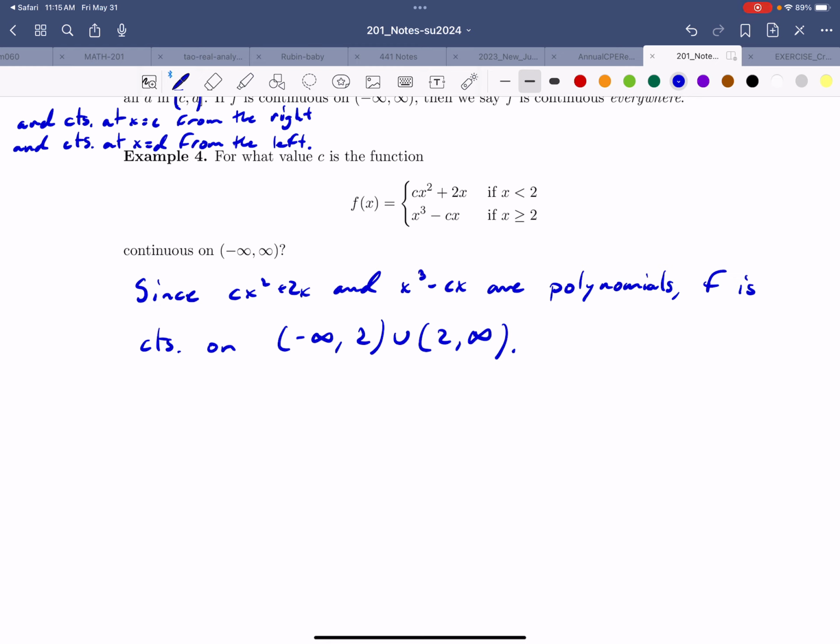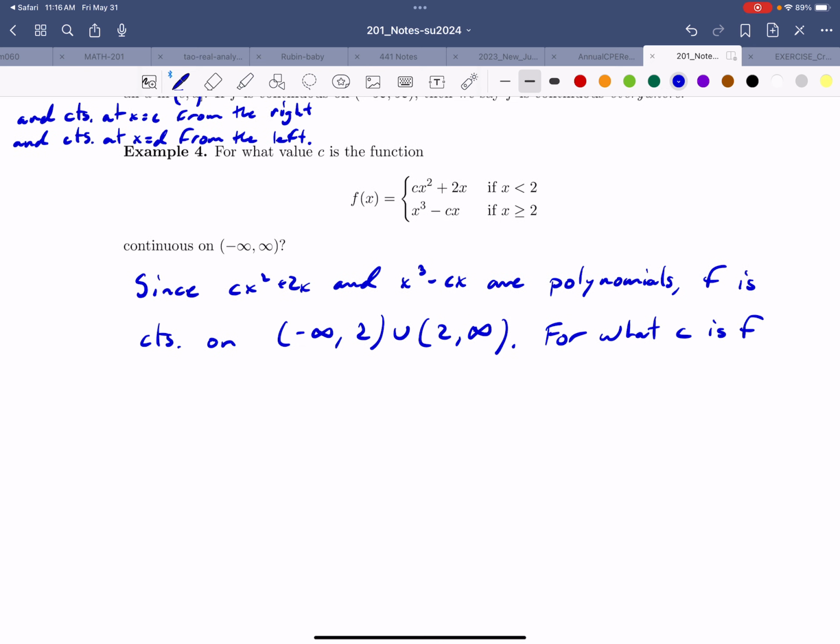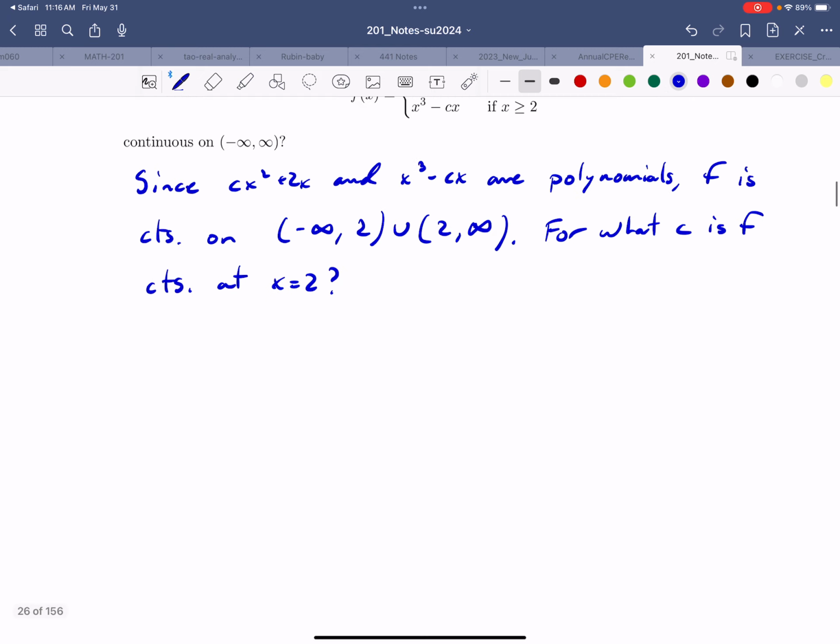So we need to focus on when f is continuous at 2. So for what c is f continuous at x equals 2? Because no matter what, for any value of c, f is going to be continuous everywhere else.